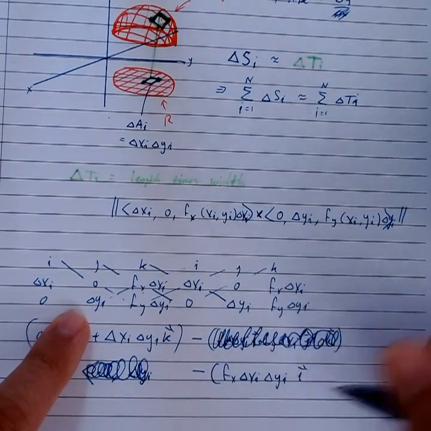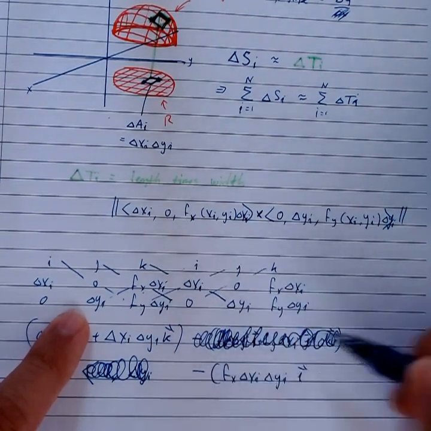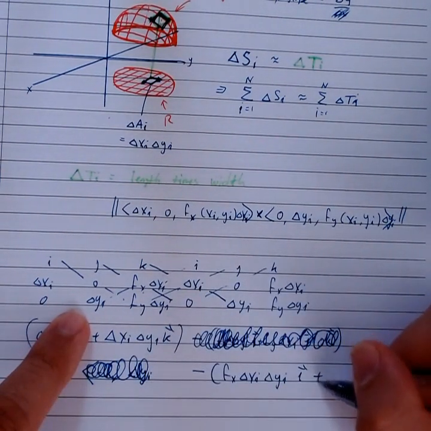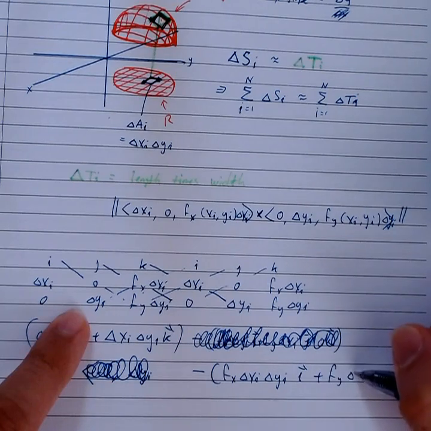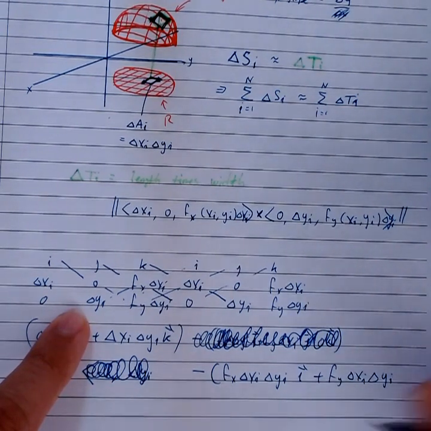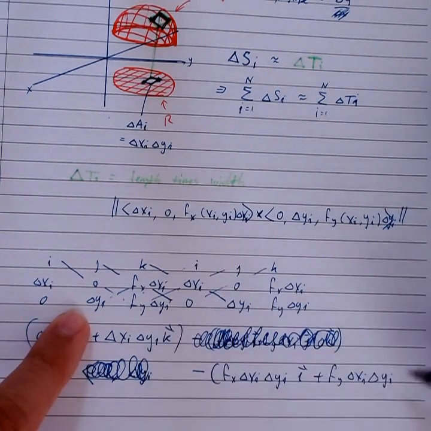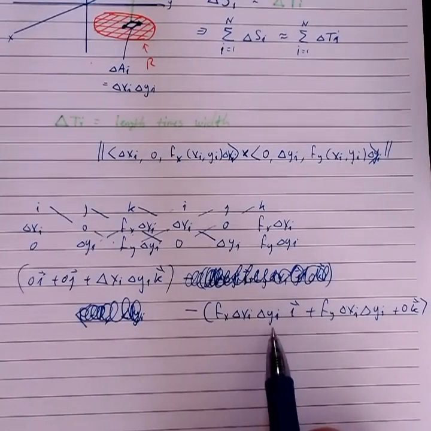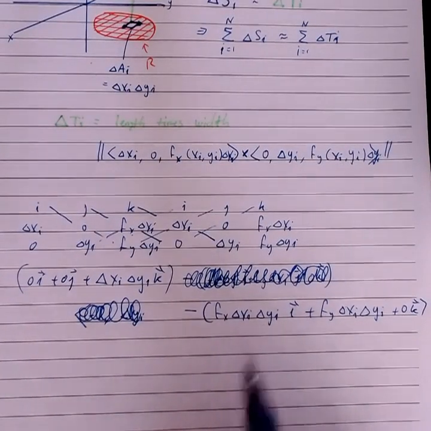And that's the first component. The second component would be f sub y delta x delta y. And then the third component, that one's still 0, so that one doesn't change at all. Okay. And that was the change here. I was missing that one there.